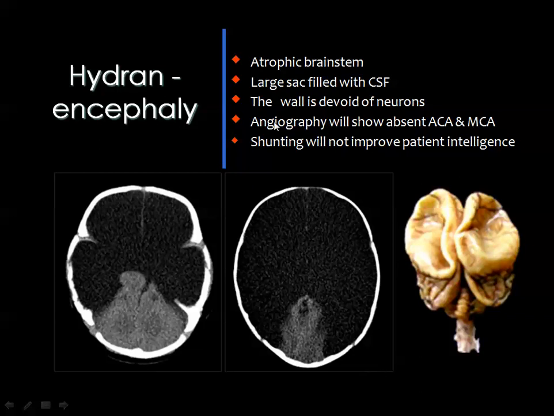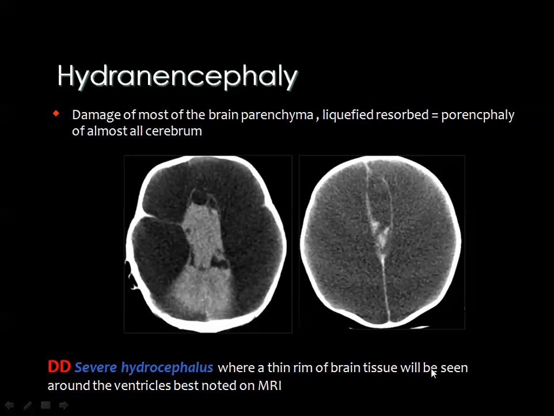Also, there are major abnormalities in the circle of Willis with absence of the anterior cerebral and the middle cerebral artery. And this is hydranencephaly, with the brain replaced by a huge cavity filled with CSF.